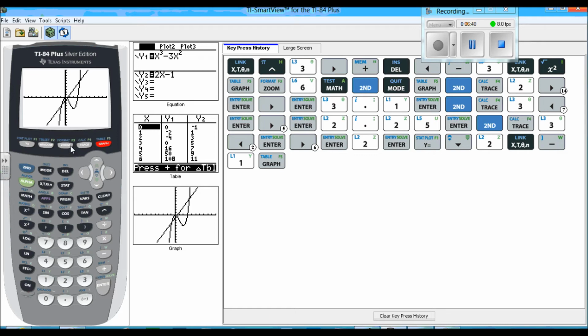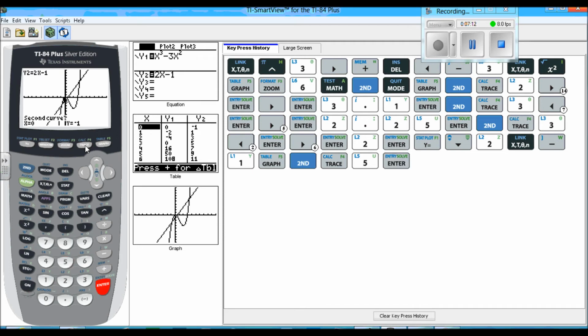One way to find, let's try to find this intersection point, the positive one that's closer to 0. We'll go to second calc, intersect, which is 5. First curve, it's showing us y1, so that's good. That's what we want.